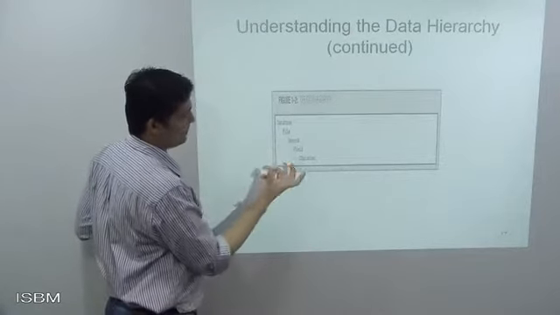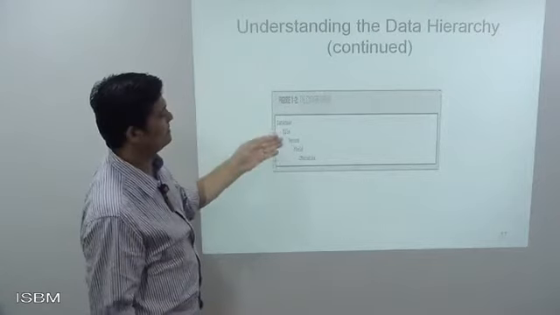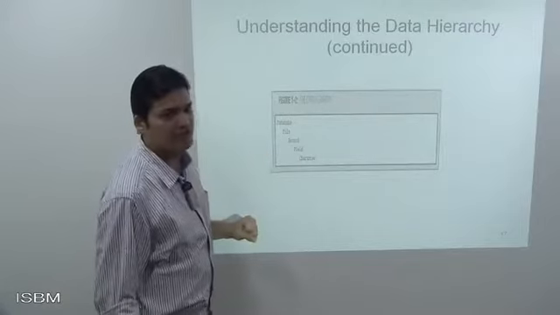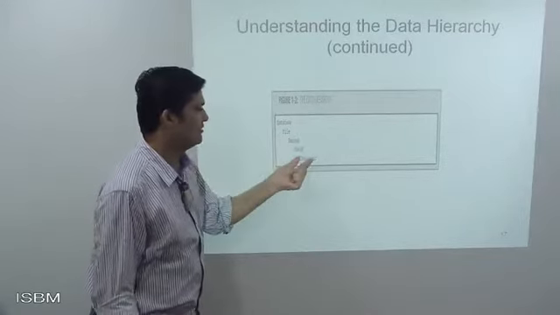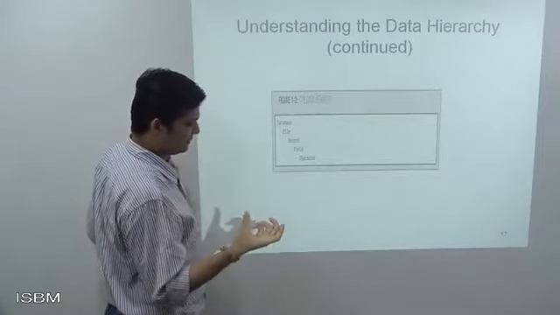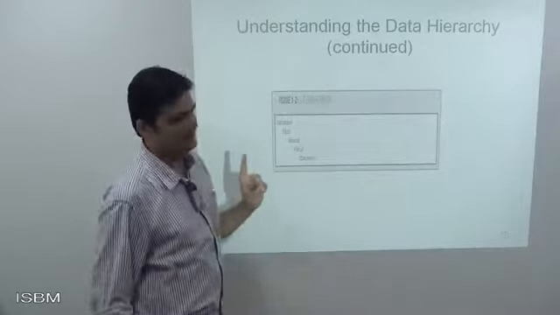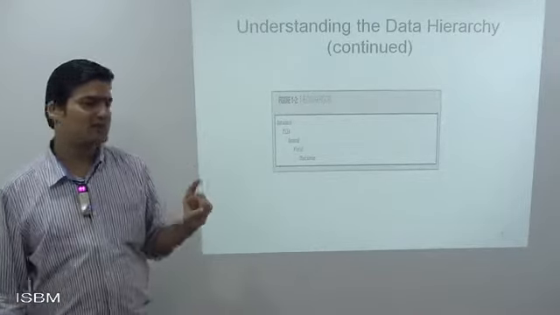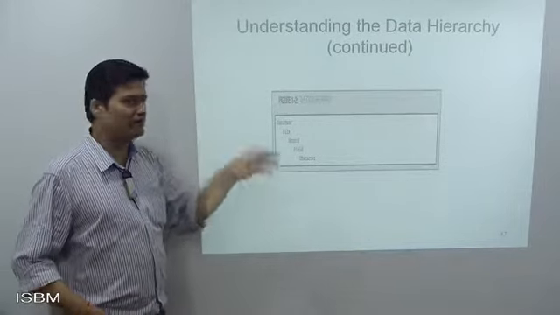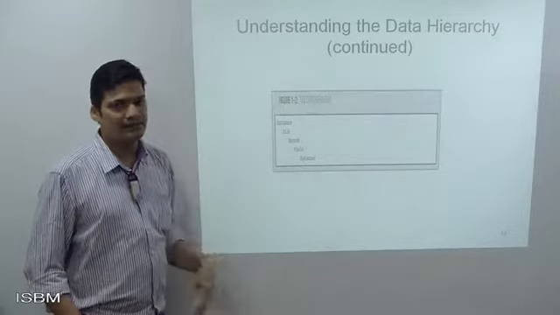Then we have the record, then the field, which contains some characters, a word or a sentence, and the character is a single character in which only a single piece of data is available. So in descending order of size, the database is the largest and the character is the smallest.